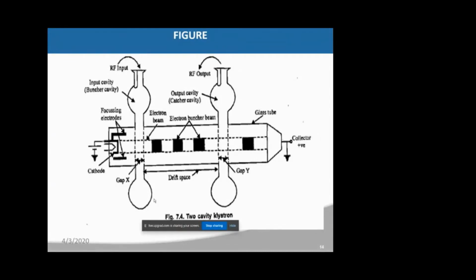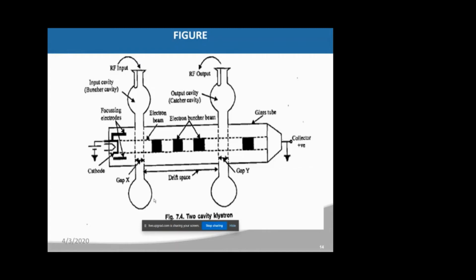When these electrons combine with each other, this is basically velocity modulation. The electrons are combined together and are velocity modulated. After this velocity modulation, the current that changes in the cavity is referred to as current modulation.